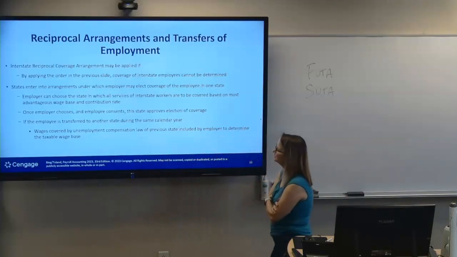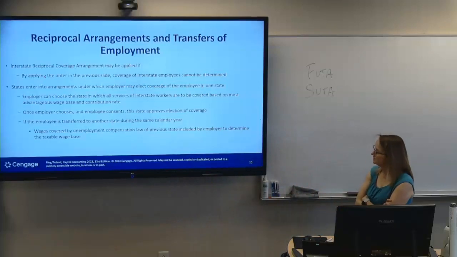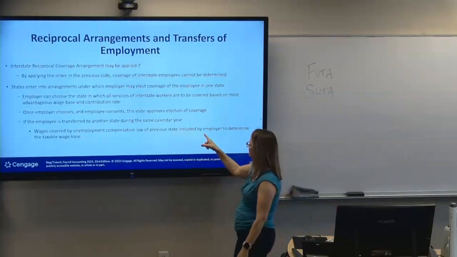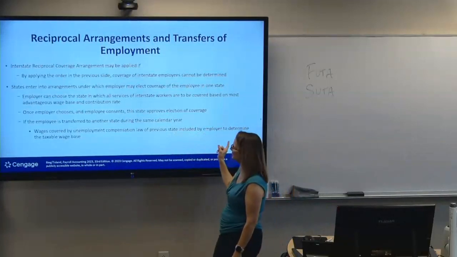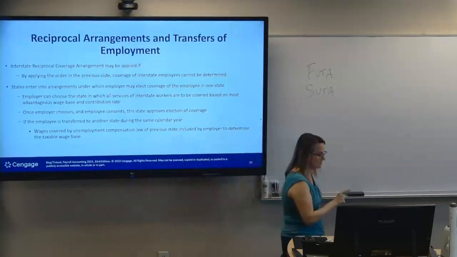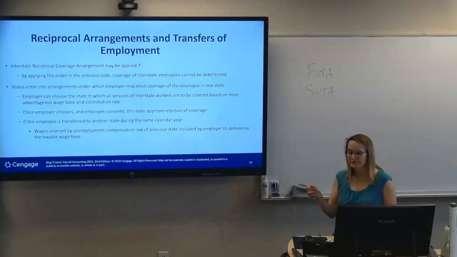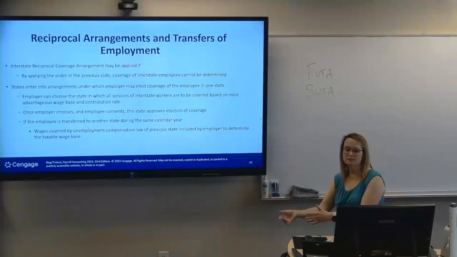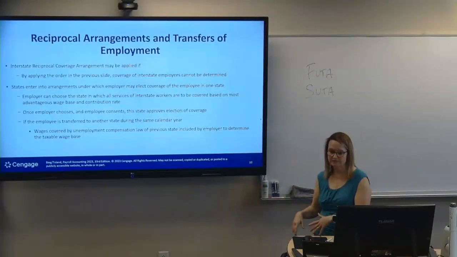If the employee is transferred to another state during the same calendar year, the wages covered by the unemployment compensation law of the previous state are included by the employer to determine the taxable wage base. We're going to talk about taxable wage base when we do some calculations, but what that means is, say I worked in Illinois for half of the year.